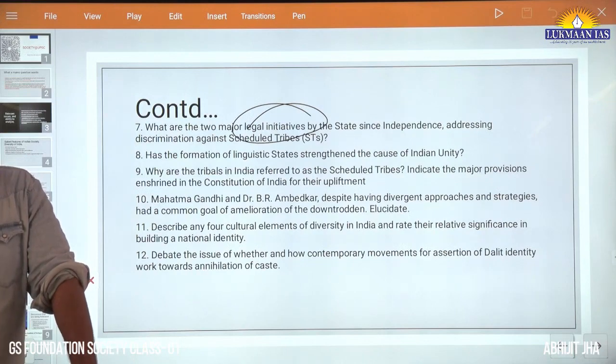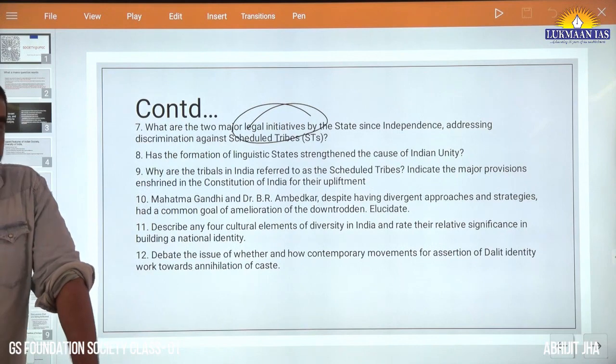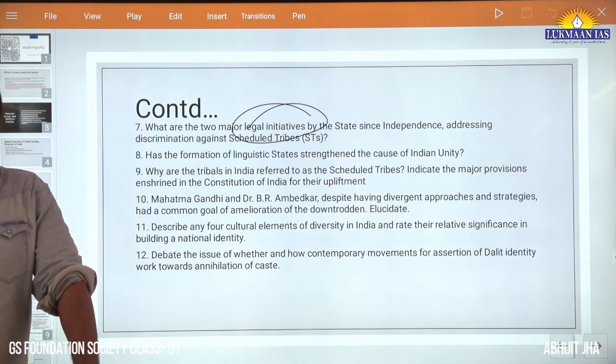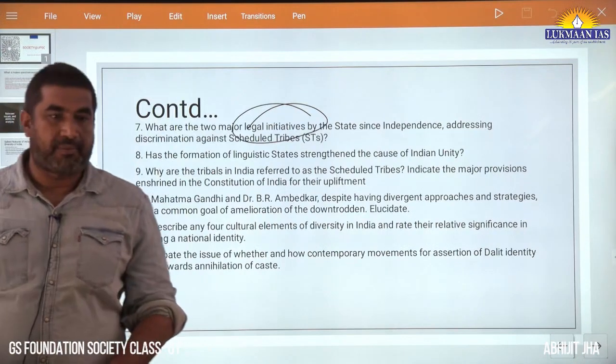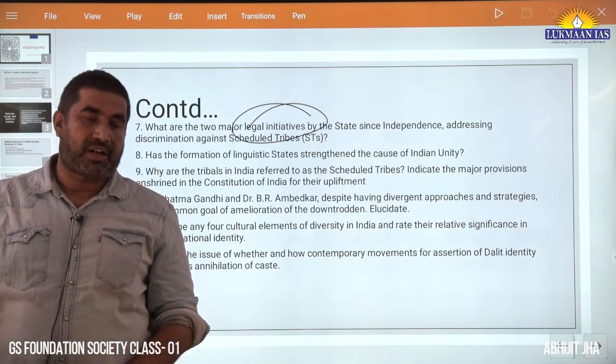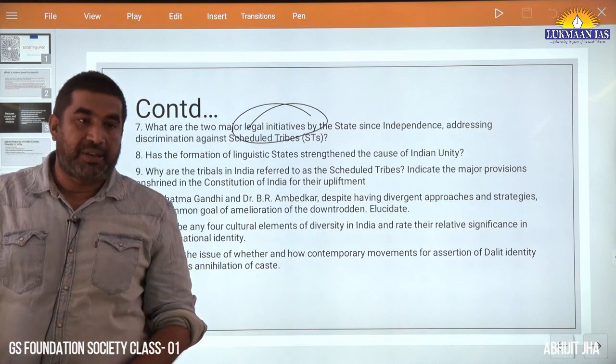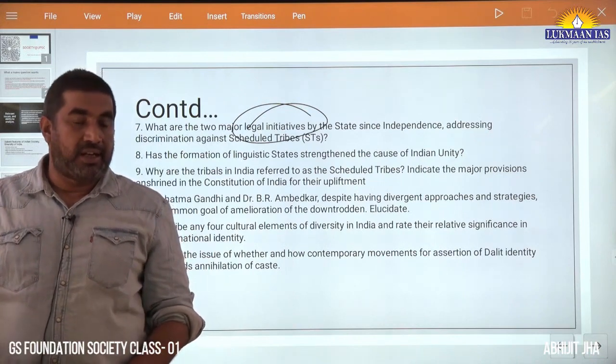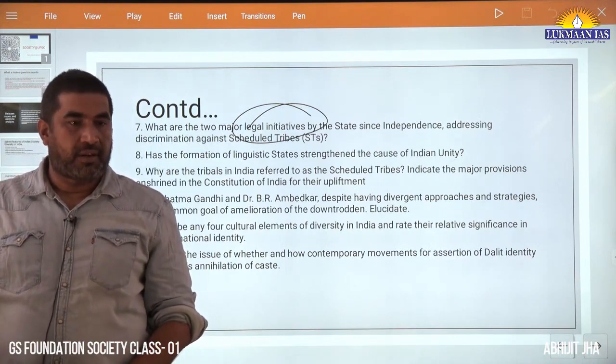No. But it has been increasing. You will find that there are people who write Chamar on their bike's number plate or car number plate. Now they are being assertive about their identities.